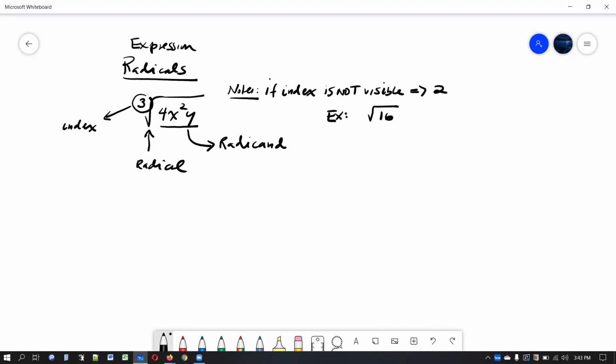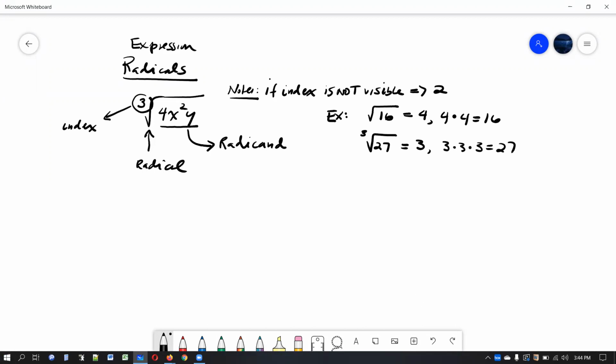So we know from the definition what a square root is, right? 4, because 4 times 4 is 16. We also know what a cubic root is. In this case, it's 3, because 3 times 3 times 3 is 27. So this is the basic definition.